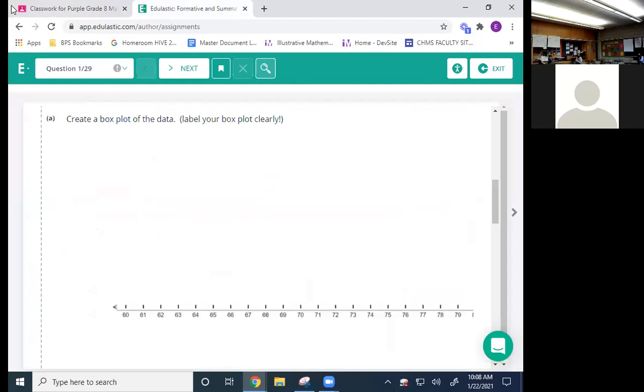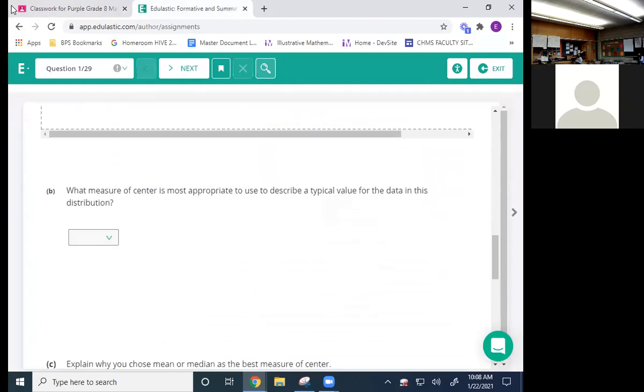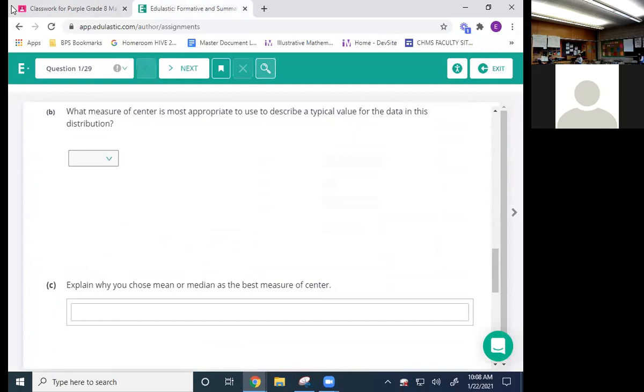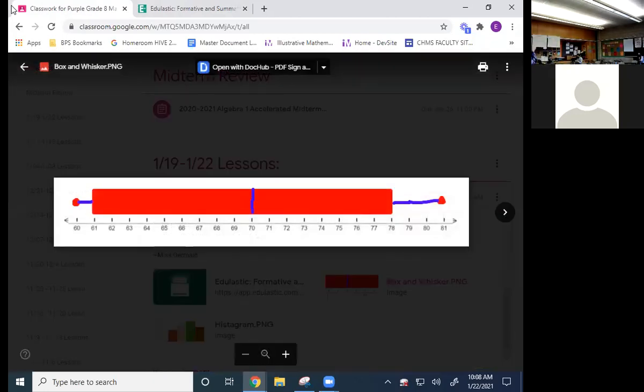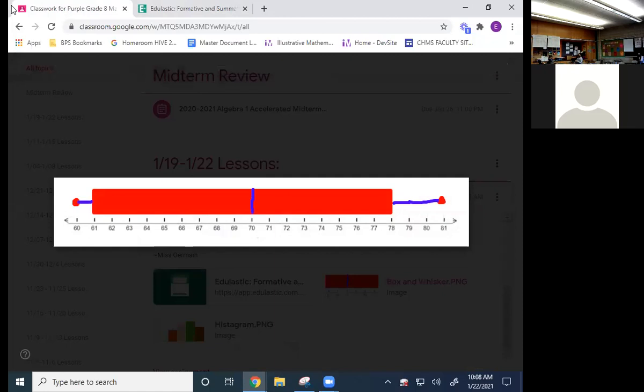Then we had to use the box plot that we created to talk about our measures of center. Looking back at that box plot, is this a skewed set of data or is it symmetric? Symmetric means even, bell-shaped, the same amount on each side of my median.